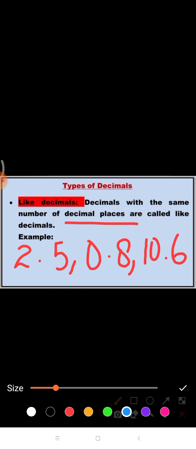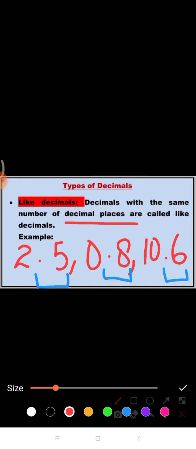Students, here in all these decimal numbers, we have one digit after the decimal point. That means we are having one decimal place in all these decimal numbers. So they are like decimals.